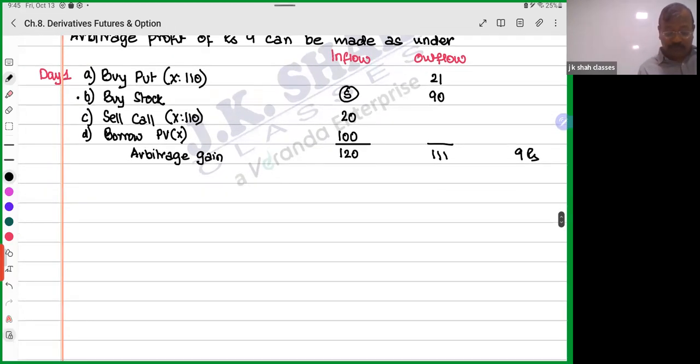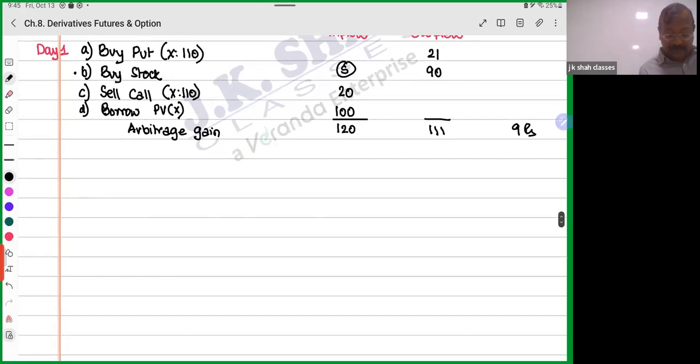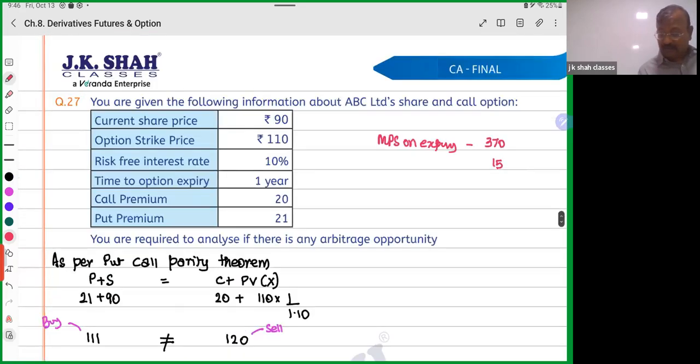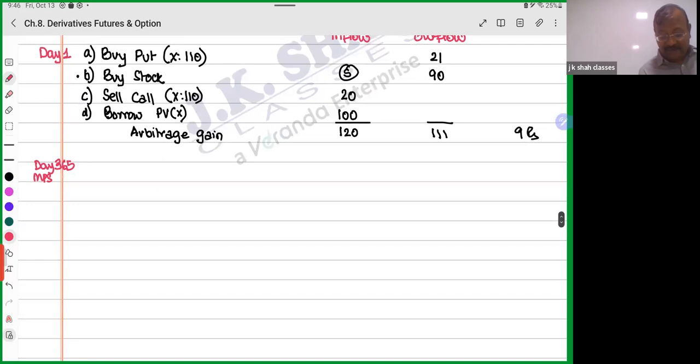Now we have to prove that this remains the same, whatever happens to the market. So on day 365, if the market price of share, मैंने कितना बोला था? 370.